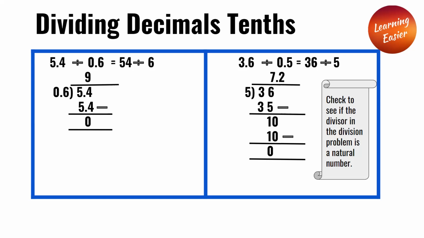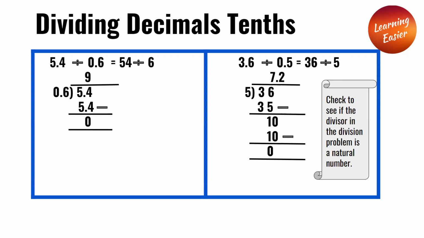In this division problem, the divisor is not a natural number, so we have to change it to a natural number by multiplying both the dividend and the divisor by 10. So 5.4 divided by 0.6 is equal to 54 divided by 6. 54 divided by 6 is equal to 9.